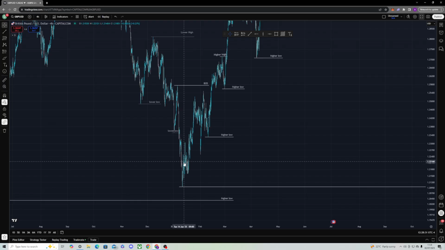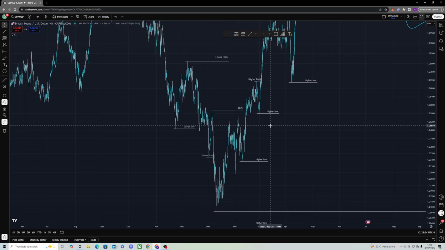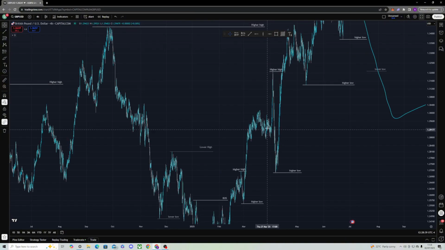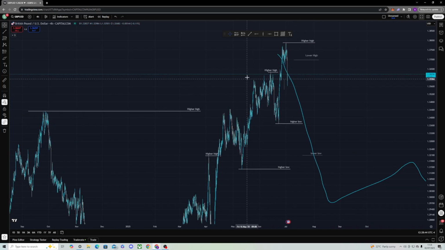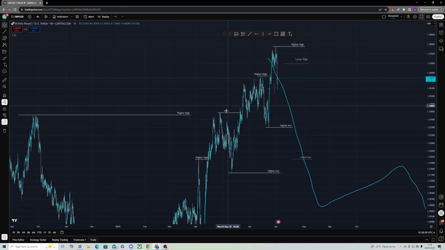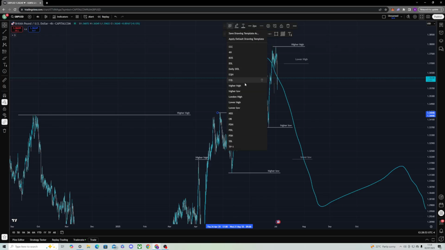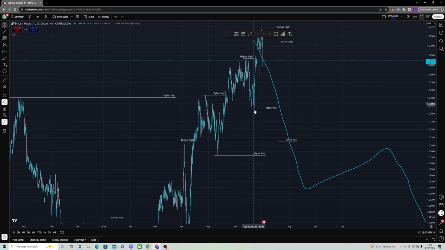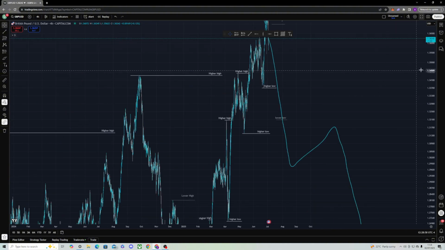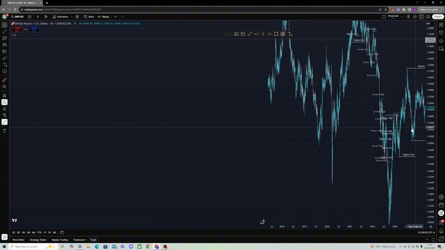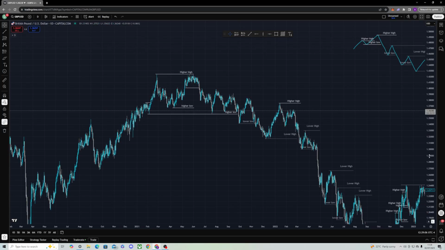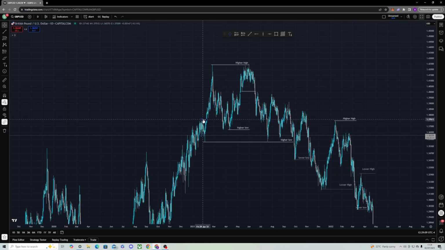Now price has then pushed back above this previous high, creating higher lows, higher high, higher low, higher high, higher low. As you can see on here.